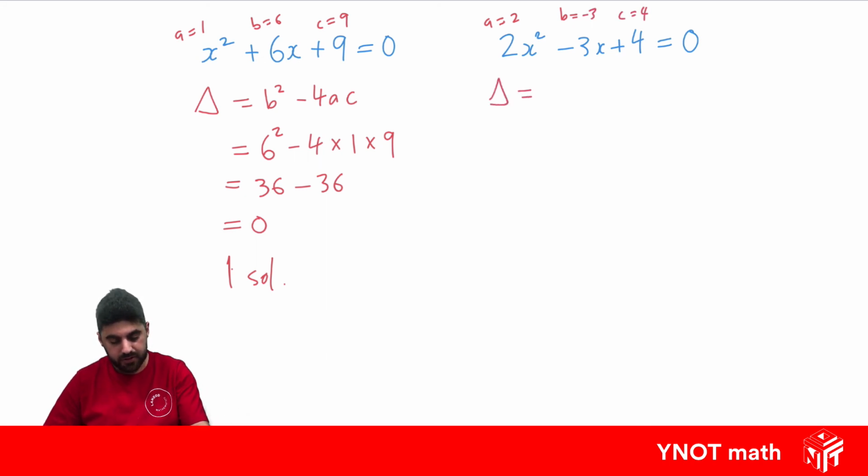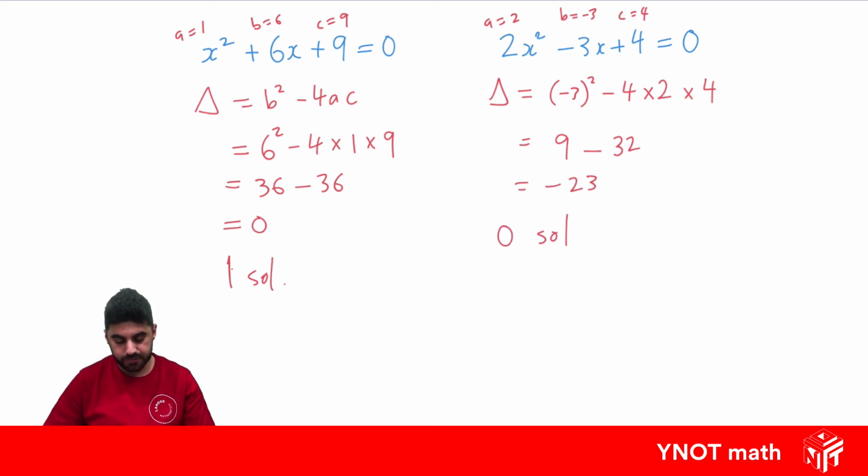So we're going to have b squared, so minus 3 squared, minus 4 times a, which is 2, times c, which is 4. So we're going to get 9 minus 4 times 4 is 16, times 2 is 32. So we're going to get minus 23. And because it's negative, we're going to have 0 solutions for our equation.